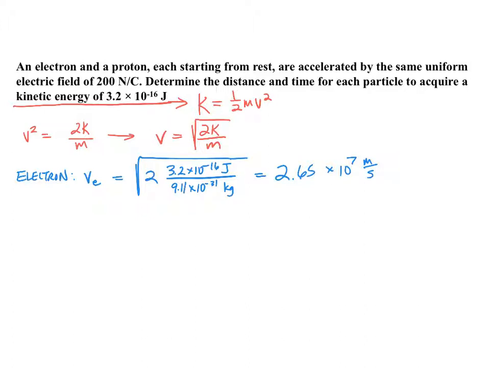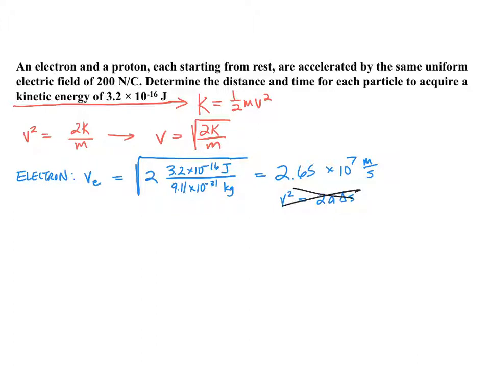Anybody remembering the zeroth law theorem? v squared equals what? Anybody remember? 2a ds. We don't know the distance, so we can't go that route.